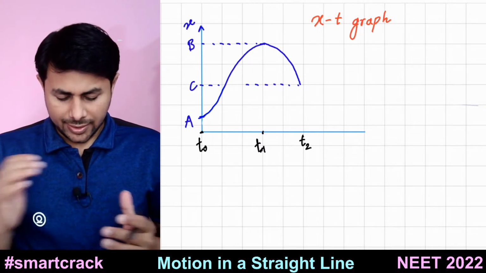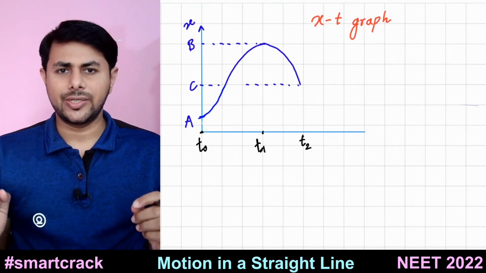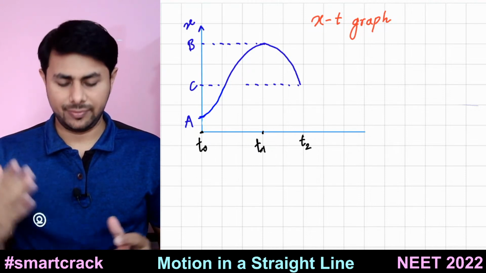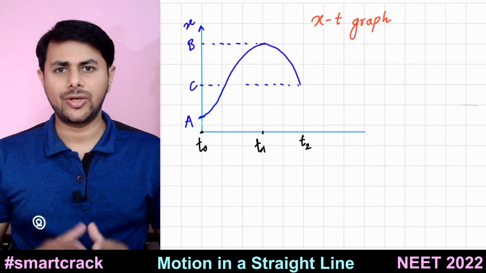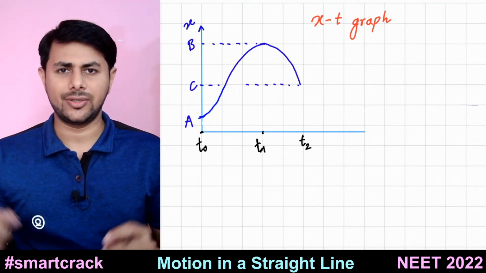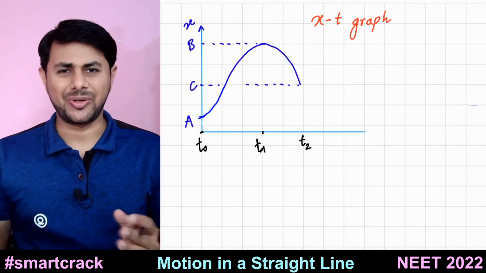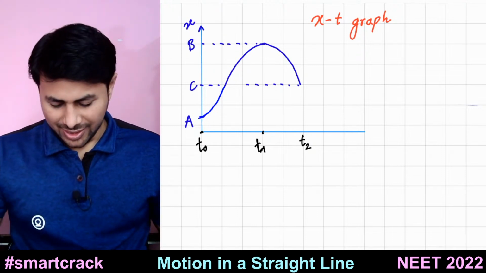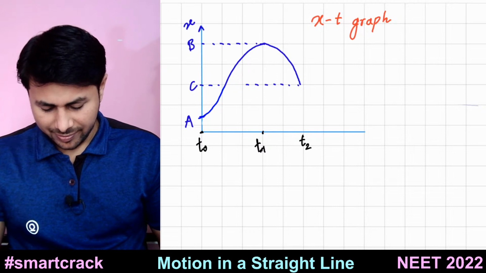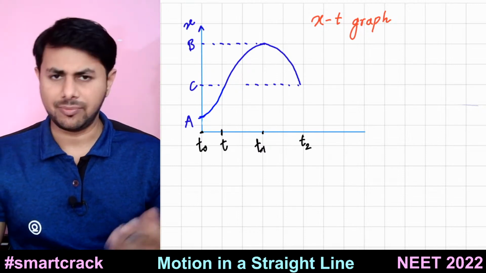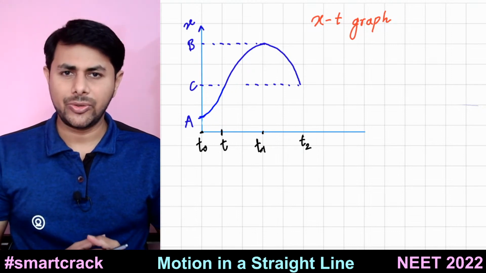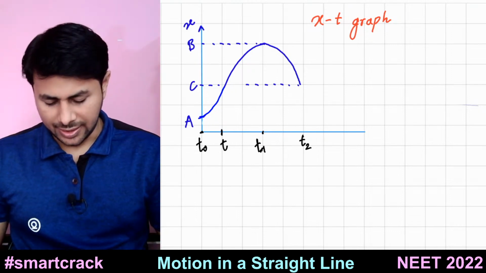All right, so now in this motion, suppose I want to define the instantaneous velocity of me, because I am performing this motion. Let's consider some time, let's call this time t, and suppose I want to find the instantaneous velocity at this point.